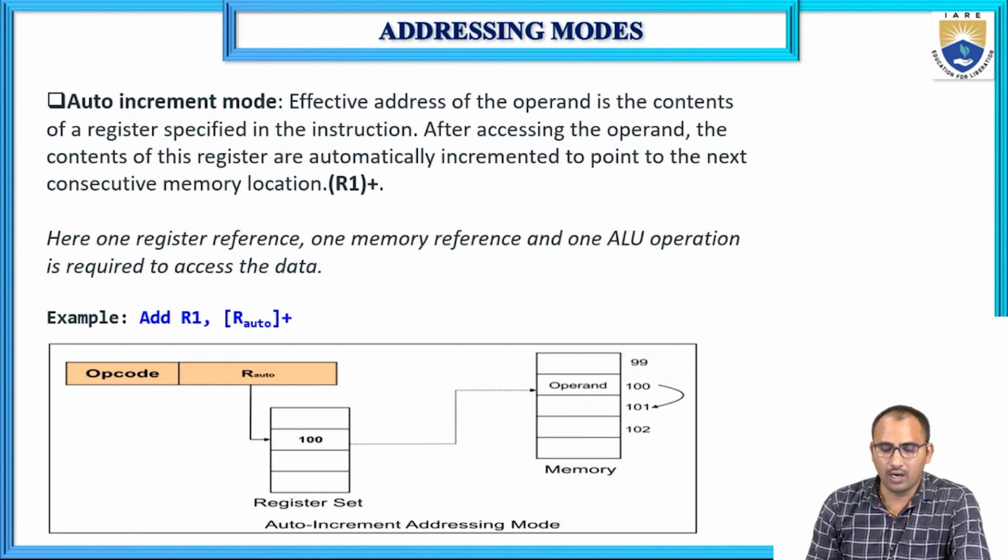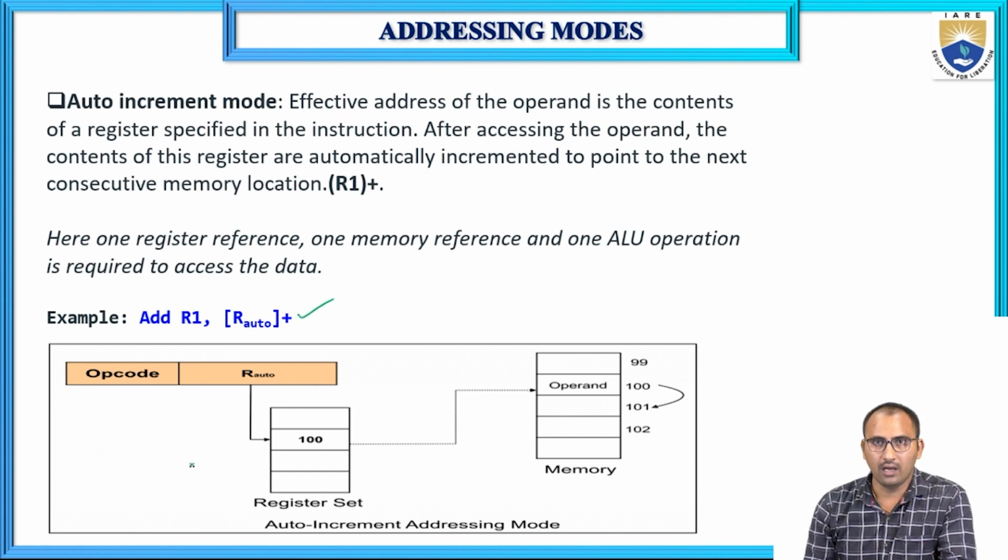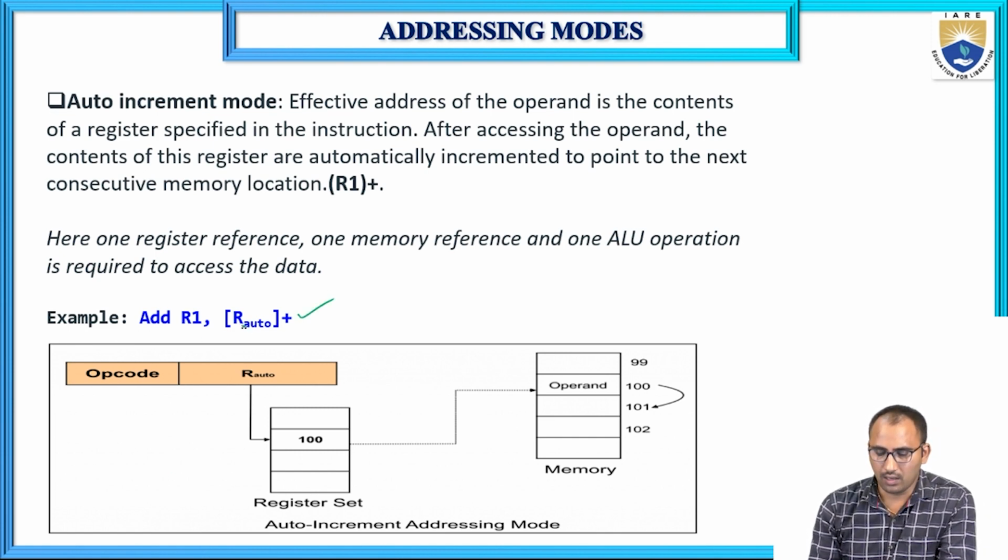And the next one, auto increment mode. The effective address of the operand is the contents of a register specified by the instruction. After accessing the operand, the contents of this register are automatically incremented to point to the next consecutive memory location. Here you can see the example: ADD R1, (R)+.